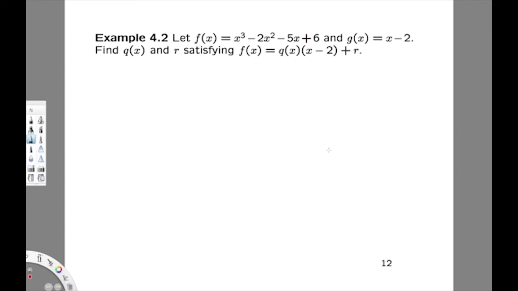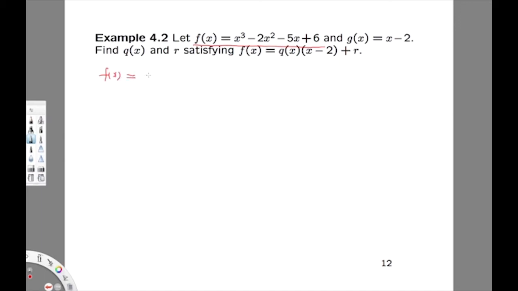Okay, so the problem is like this. Let me just use black. Since I'm colorblind, it doesn't matter to me at all. This is a polynomial you have, and you want to divide this f of x by x minus 2.